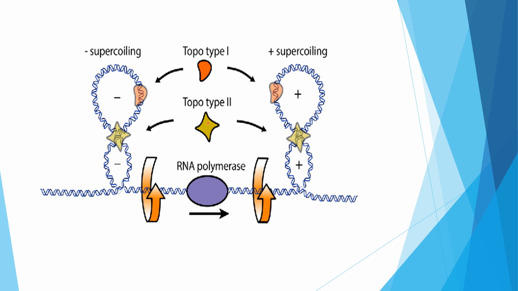The topoisomerase type 2 enzyme cuts both strands and reseals them to overcome the problem of supercoiling. In order to manage DNA supercoils, it uses the hydrolysis of ATP, unlike type 1 topoisomerase.